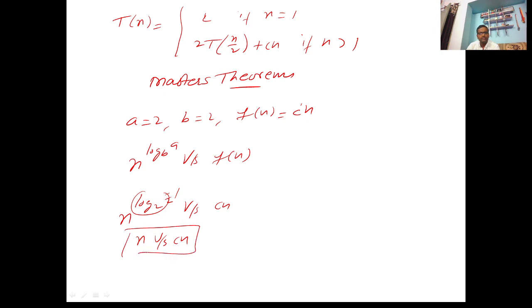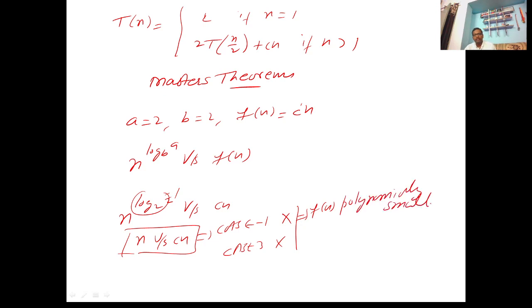So both of these are equally growing functions. It means case number 1 is not applicable, and case number 3 is also not applicable, because case 1 is for the condition when f of n is polynomially smaller, and case 3 is the condition where f of n is polynomially larger.